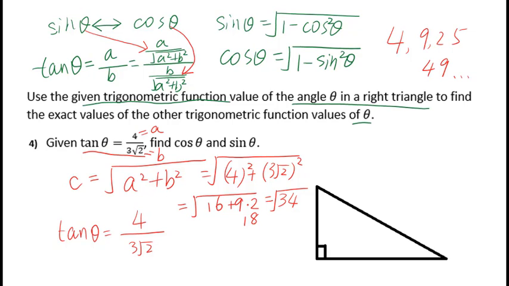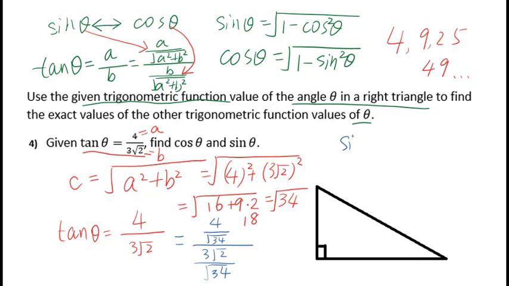Top and bottom, we divide by this C. That is 4 over square root of 34, and 3 square root of 2 over square root of 34.